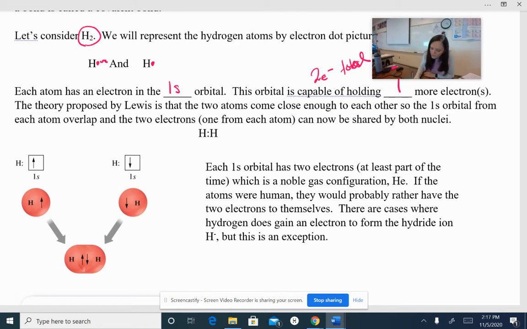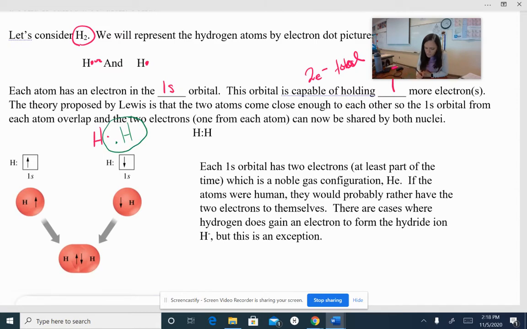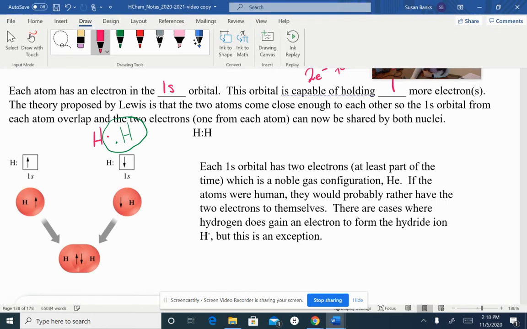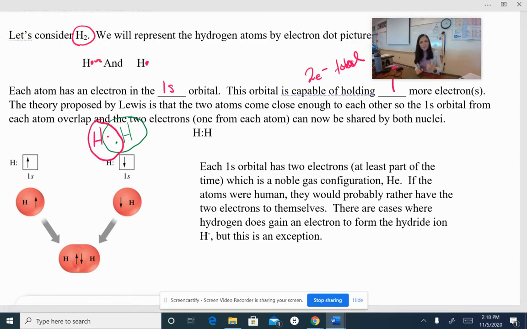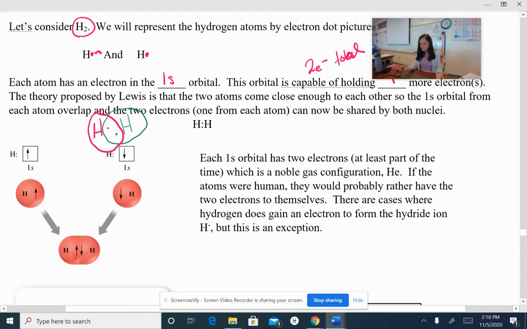So if I have my hydrogen, and let's do another color, and my other hydrogen, and those 2 electrons are close enough that those orbitals can overlap, that means my green hydrogen now can have 2 electrons, and my pink hydrogen can now have 2 electrons, at least part of the time, because they're sharing. So each 1s orbital now has 2 electrons for at least part of the time, which is that noble gas configuration like helium, a little bit more stable.